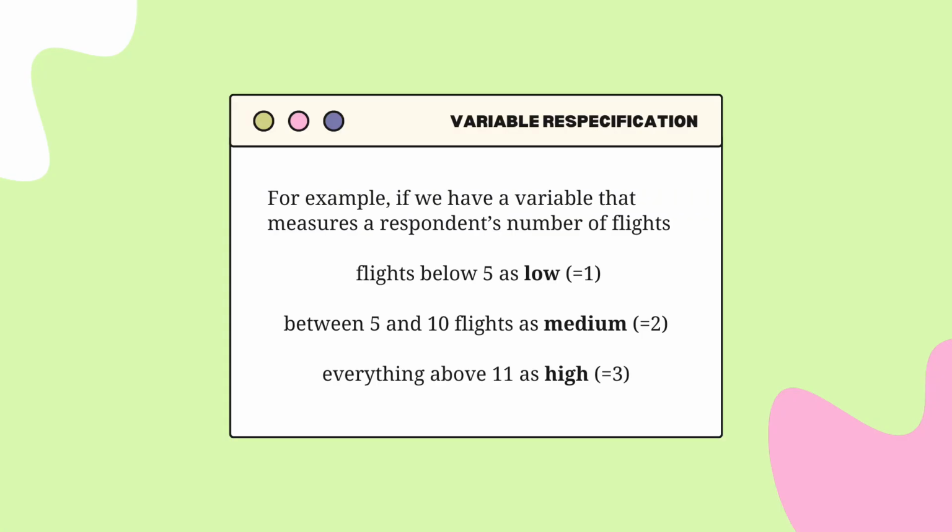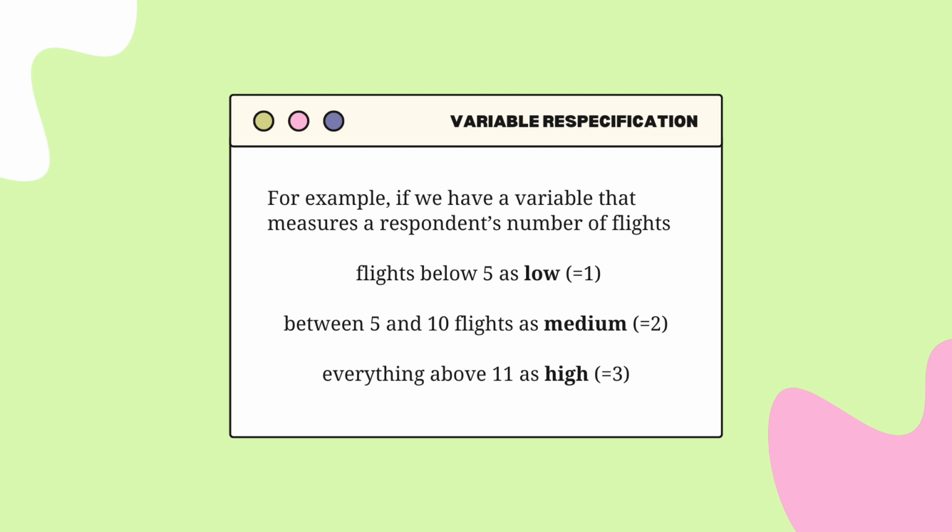If we have a variable that measures respondents' number of flights per year, we could code flights below 5 as low, which is equal to 1, flights between 5 and 10 as medium, and everything above 11 as high, or equal to 3.